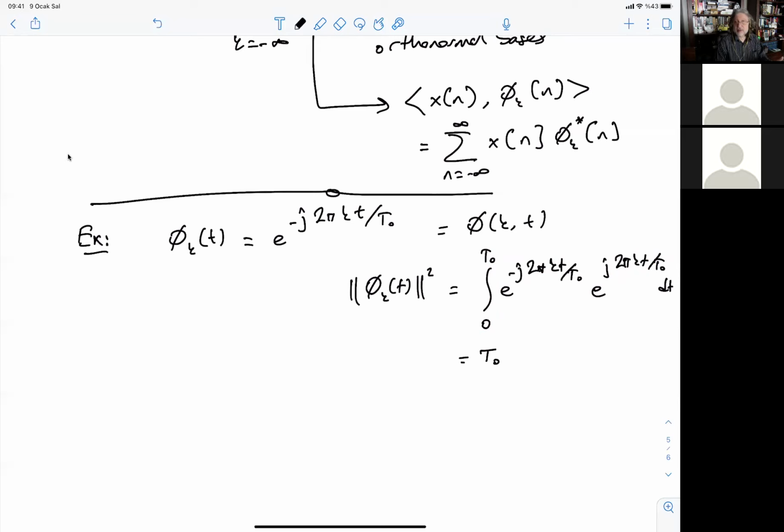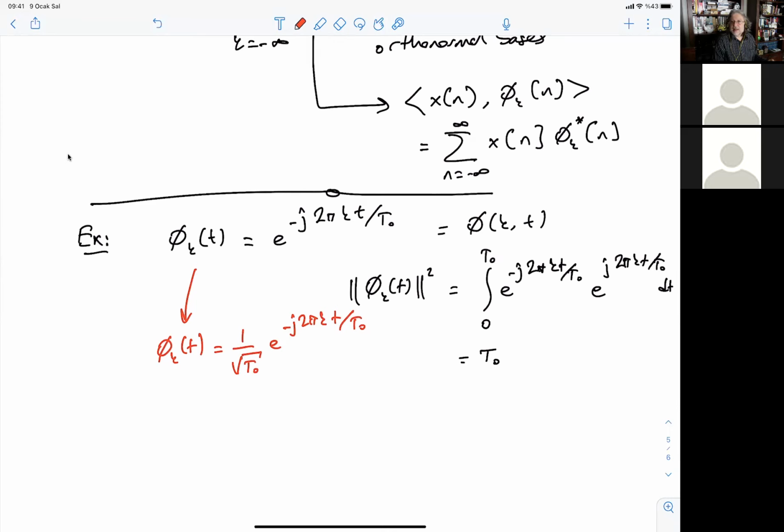So the square norm is essentially T0, and the norm is therefore the square root of T0. So from here, we should normally apply not this phi k, but a new red phi k of t, which is 1 over the square root of T0 times e to the minus j 2 pi kt over T0.